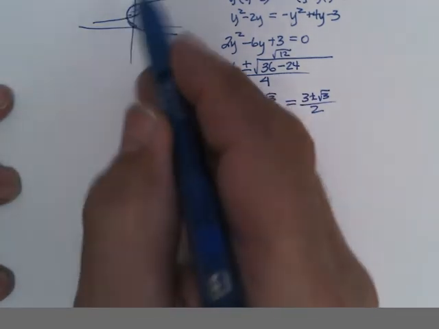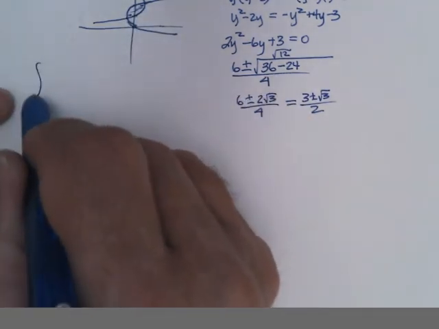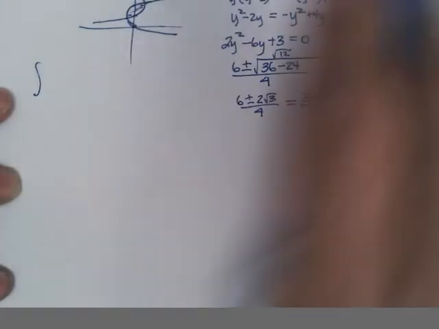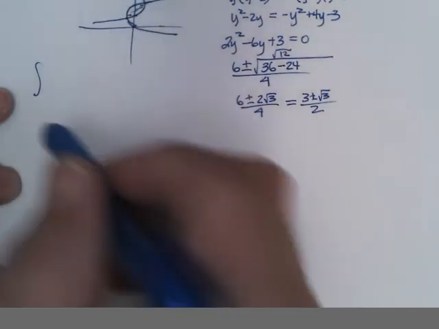So to find this area, the antiderivative of this one is more to the positive. That's the second one.